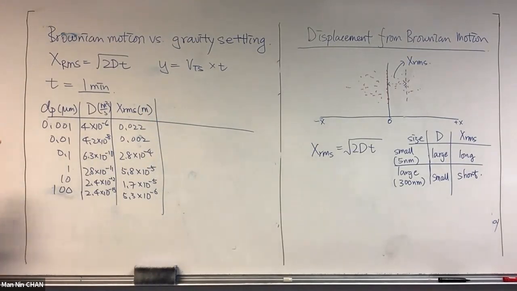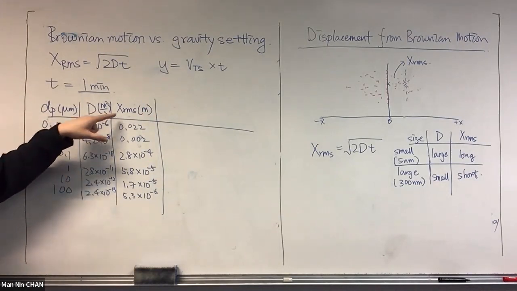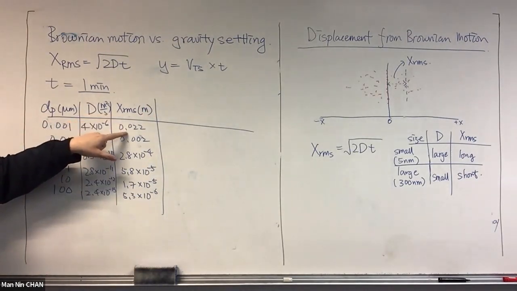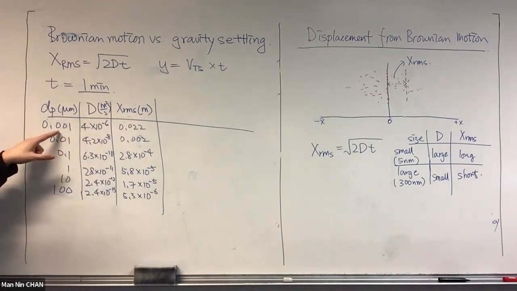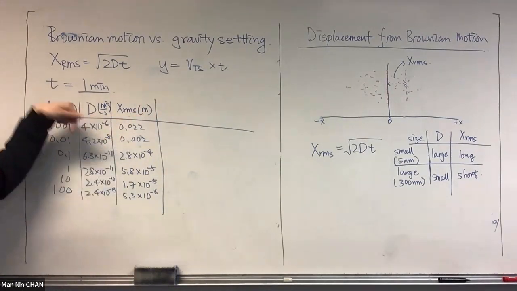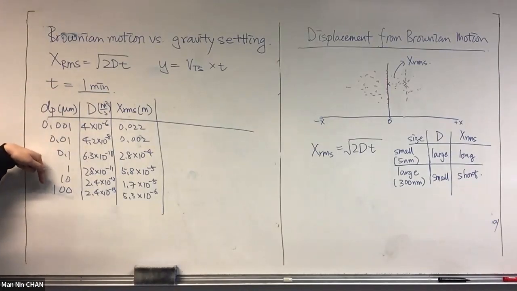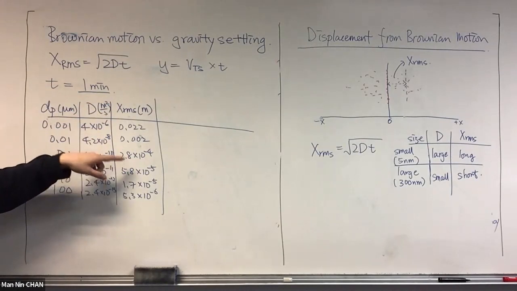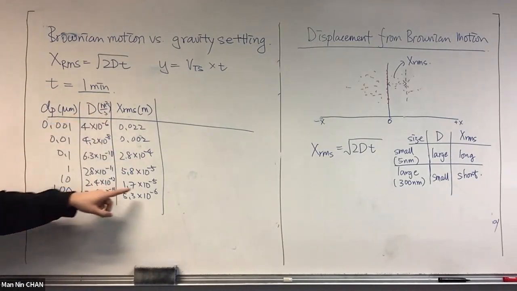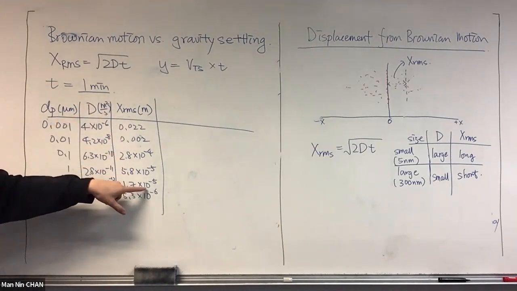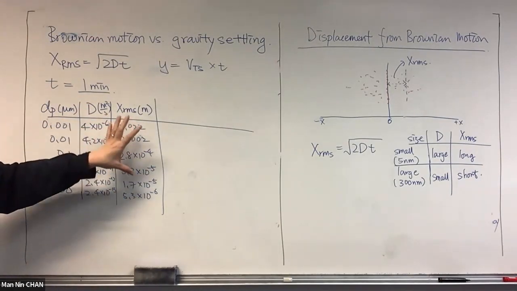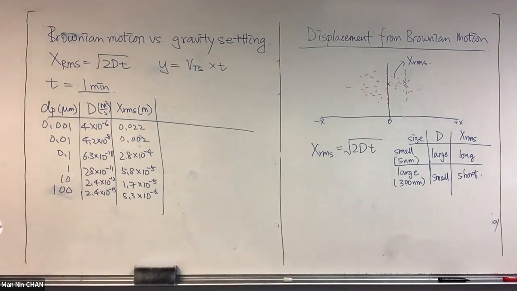I think this result may not be surprising. Of course, for smaller particles you will have a larger displacement from the Brownian motion. You can see this is 0.02 meter for a 0.001 micron particle. When your size increases, your diffusion coefficient decreases, and your displacement will also decrease. For PM10 it's only about 10 to the power minus 5 meters. So you can see the change in the order of magnitude.